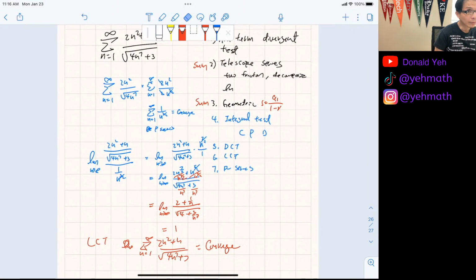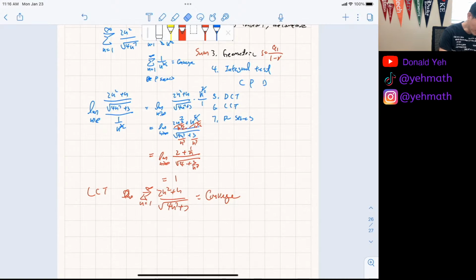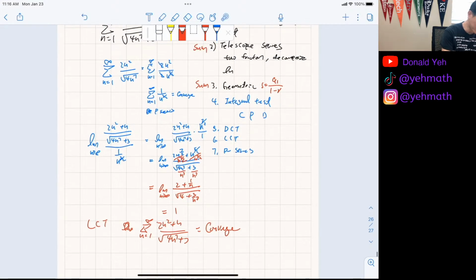As long as the limit is not undefined, it's whatever the thing you compared it to. The limit is always equal to L, a constant; in this case it equals 1. If the series you compared with converges, then this one converges too. It's not that the 1 makes it converge or diverge; it's going to be the same as whatever you compared it to. So in this case, it converges.